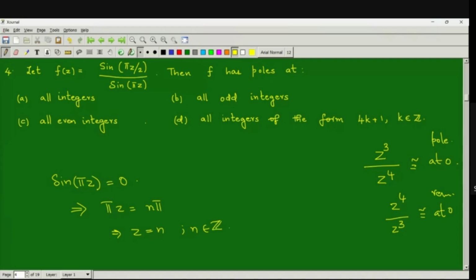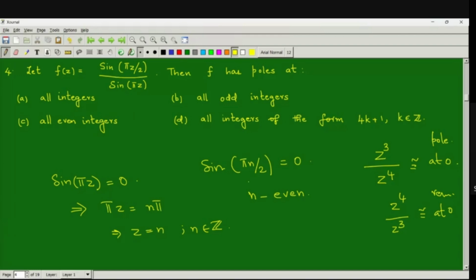Now find all those n's for which this thing is also 0. When will this come to 0? When n is even. So whenever n is even, this is going to be a removable singularity.